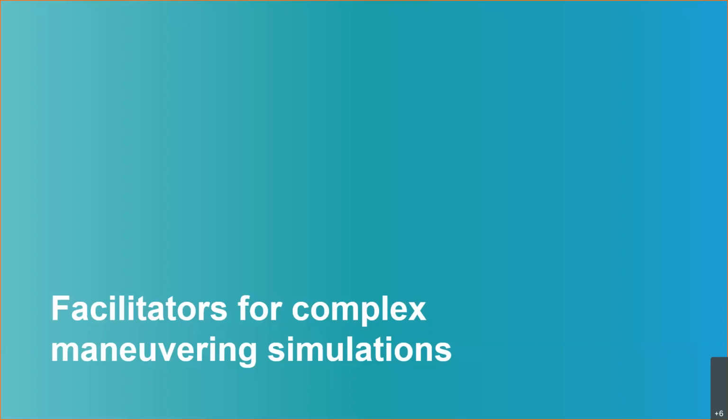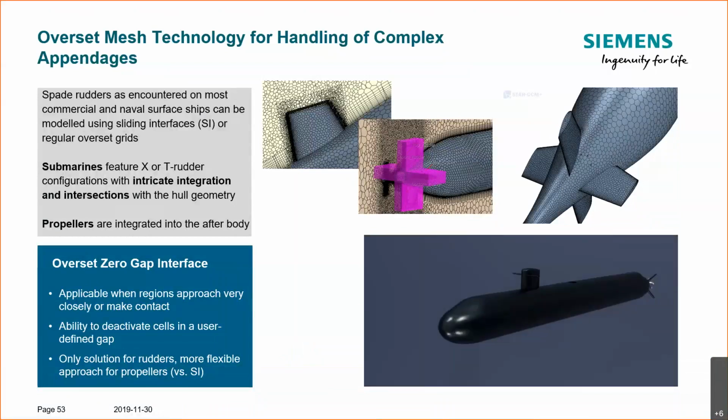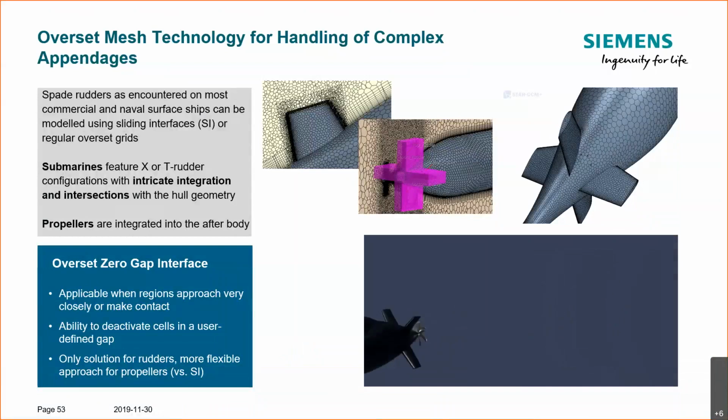Last but not least, what are the facilitators for complex maneuvering simulations? If we, for example, look at submarines, usually seagoing surface vessels in a commercial context have a spade rudder, and that can very easily be handled with sliding interfaces, etc. However, there are unconventional ship designs and also submarines.